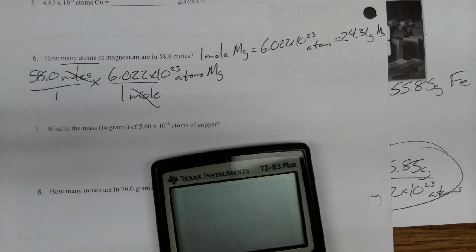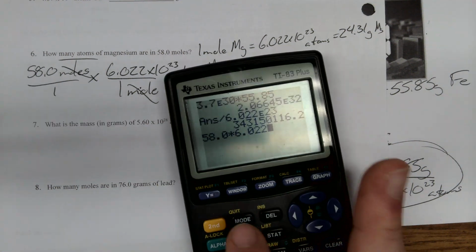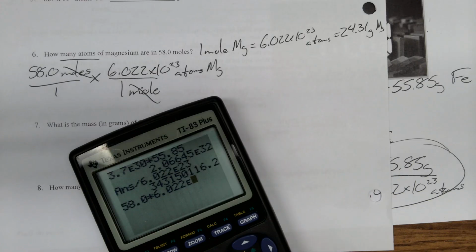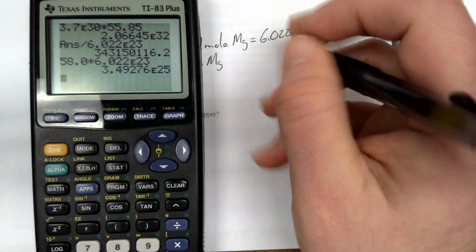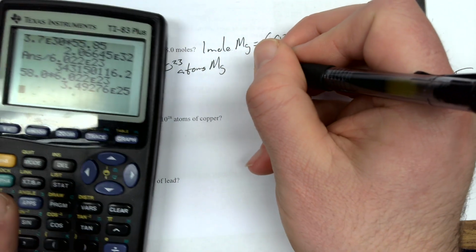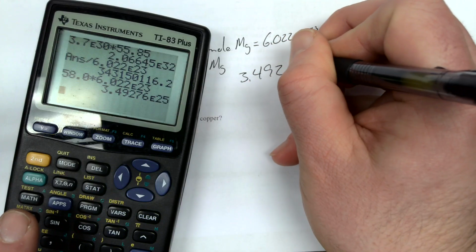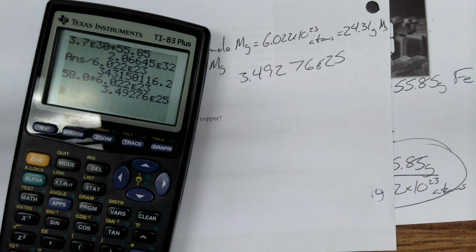Pull up my handy dandy calculator. Turn it on again. 58.0 times 6.022. Second button. E. 23. It's going to give me a total of 3.49276 E25. Am I done with that number? What do I got to do to it now?